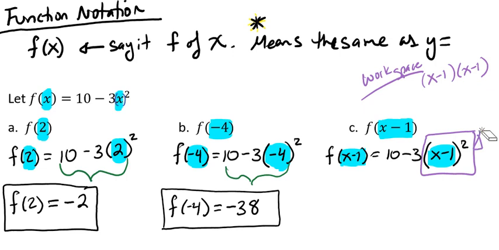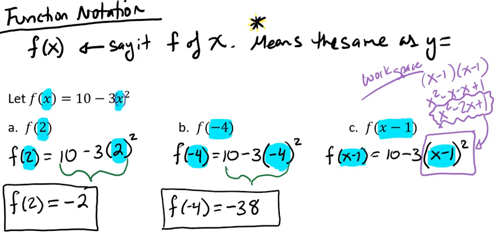And I'm going to go ahead and distribute that out. And that's going to give me x squared minus 2x plus 1. So now this piece right here is what's going to go in that spot.